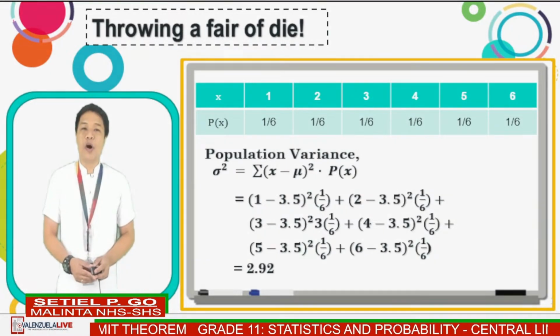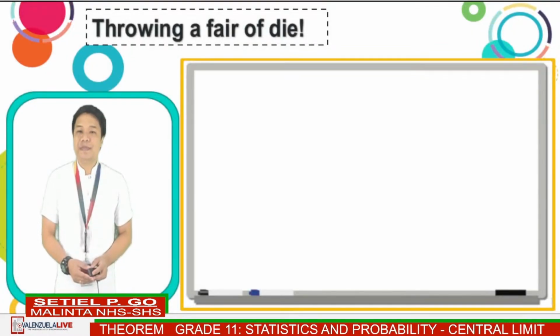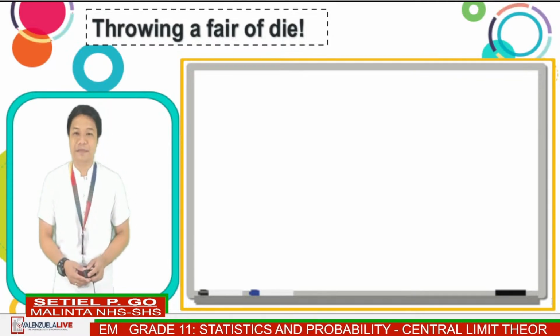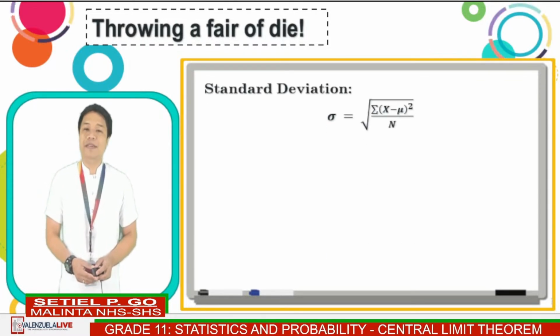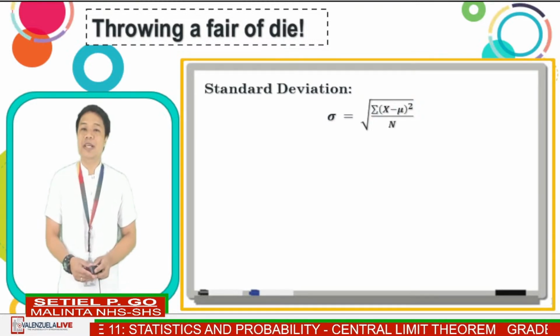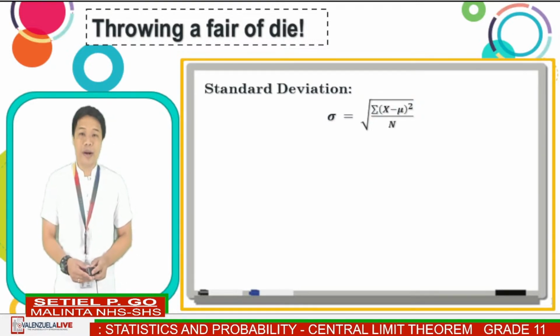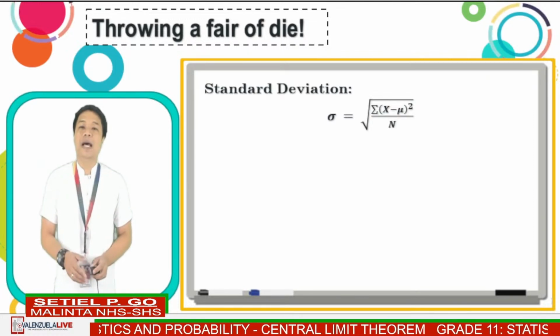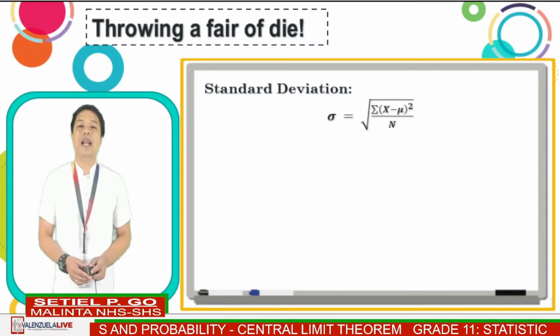still 2.92. Now, this time, let us solve the standard deviation. To solve the standard deviation, let's use the following formula. The standard deviation is equal to the square root of the quotient of the summation of each outcome minus the mean over n.